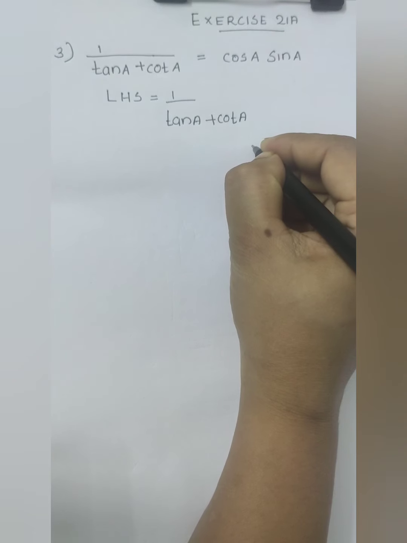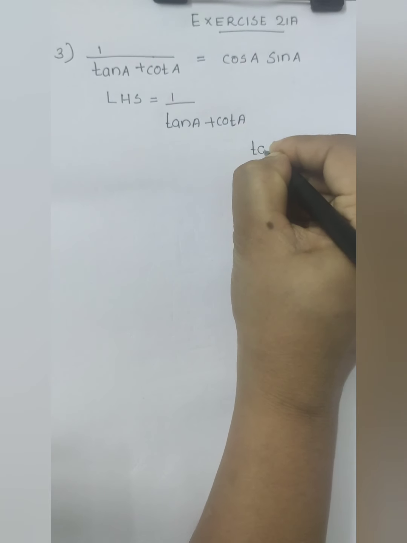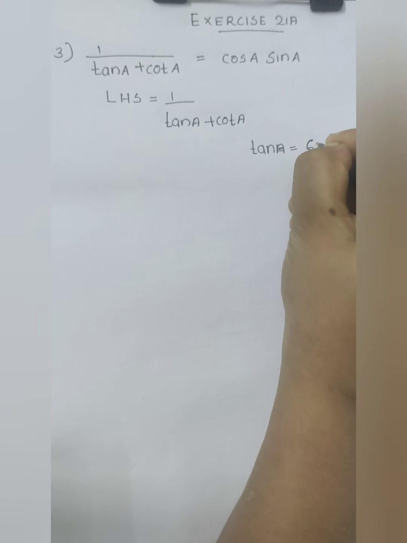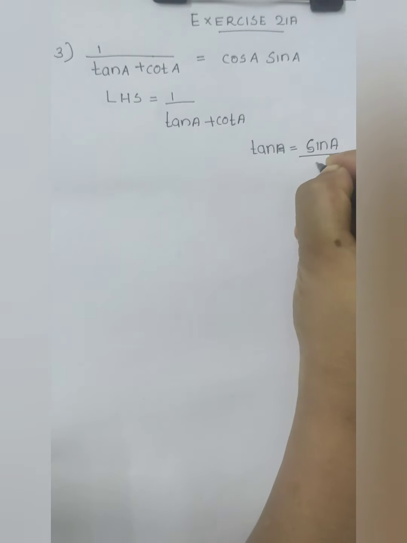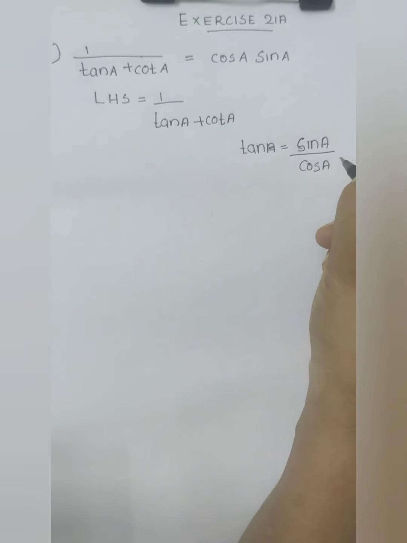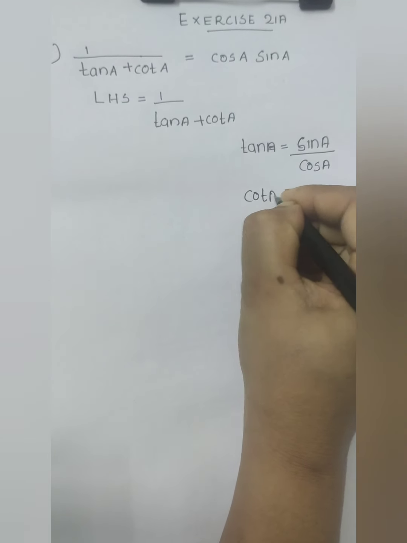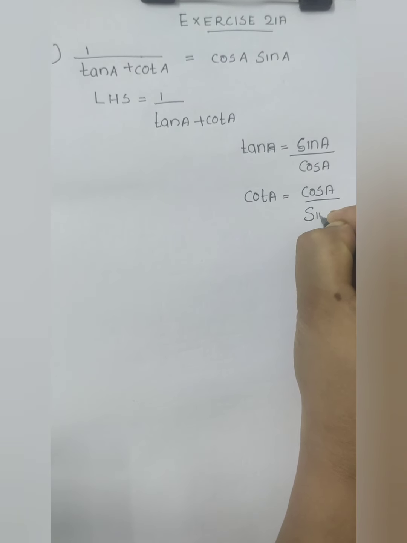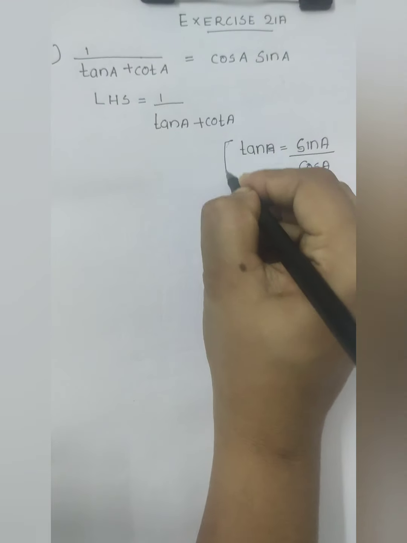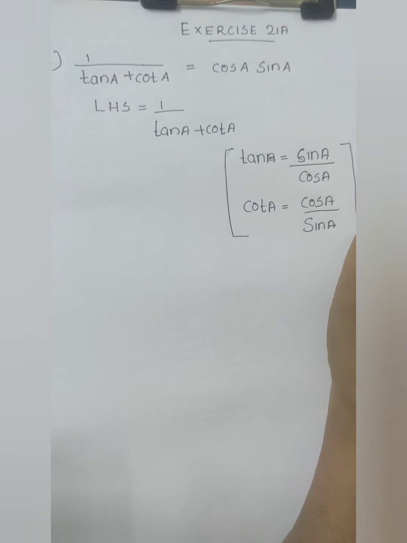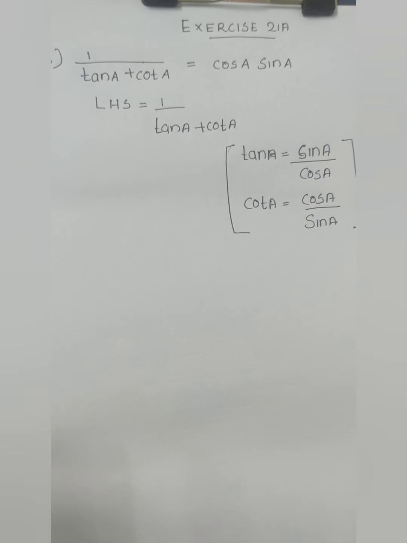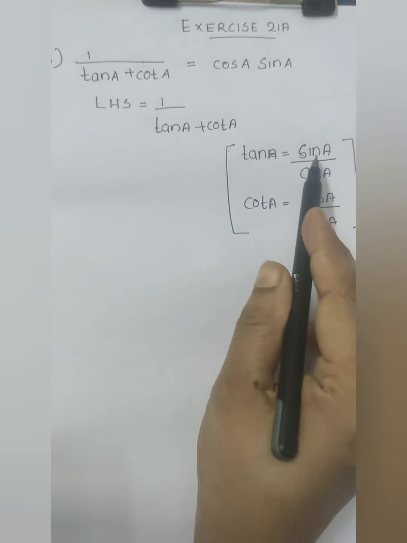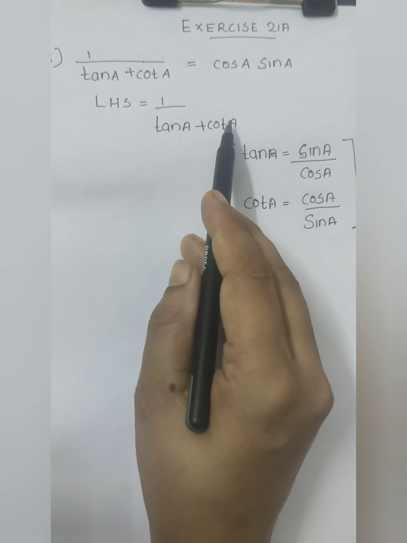We have the quotient relationship: tan A equals sin A divided by cos A and cot A equals cos A divided by sin A. And we have to substitute this relationship instead of tan A and cot A.